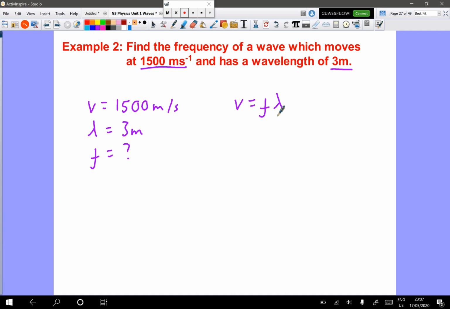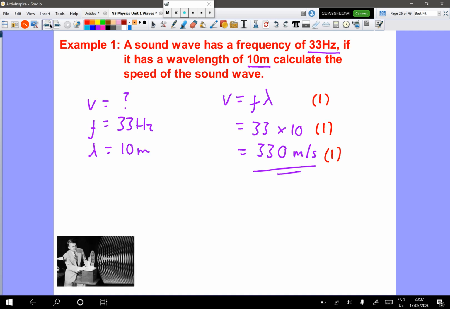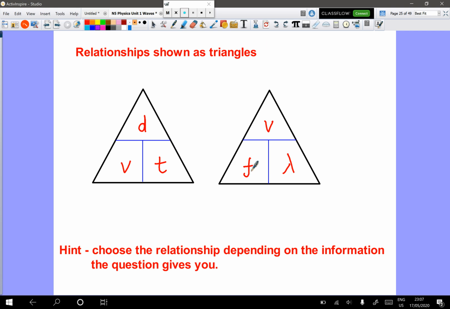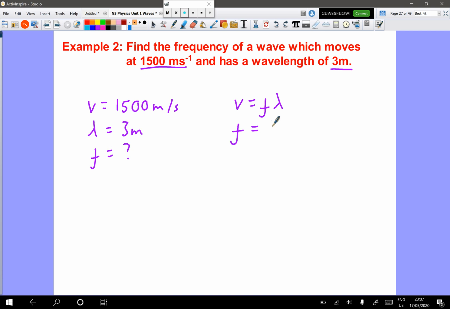It just helps you to bag more marks because you're guaranteed that first mark there. If you rearrange incorrectly on the next line, then you're still always going to get 1 out of 3. If you look back at the equation triangles that I showed you, you'll see that we're trying to deal with f. So if you cover up that f, you get v divided by lambda. So v divided by lambda, 1500 divided by 3, 500, and our units, remember, are Hz for Hertz, 500 Hertz.